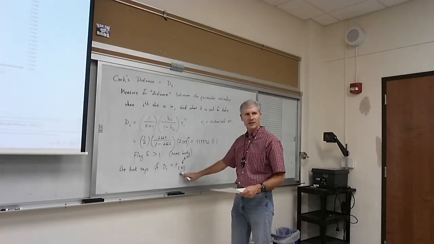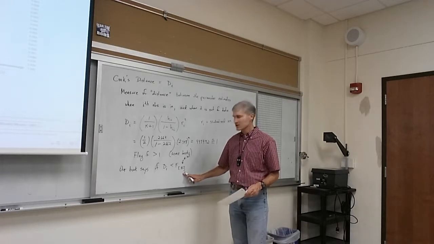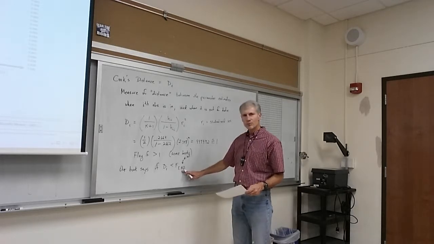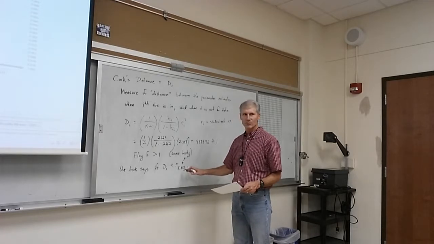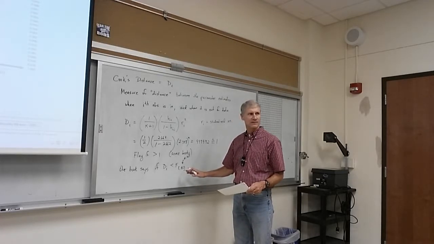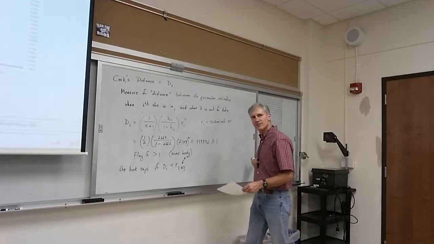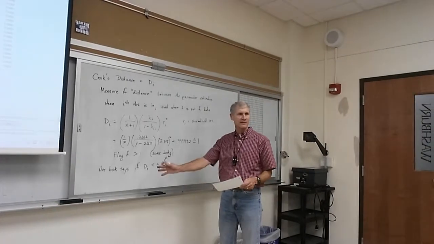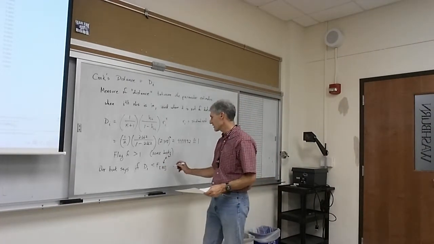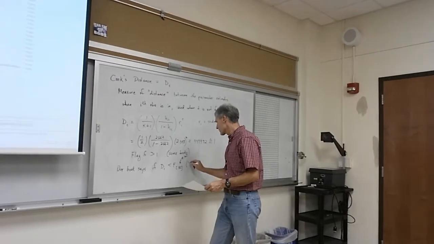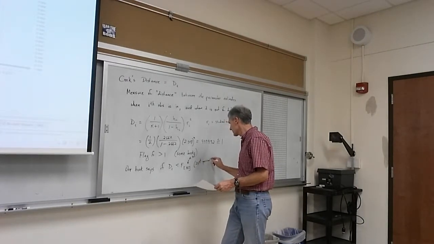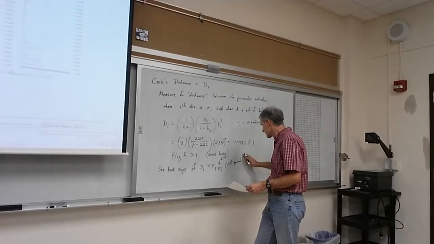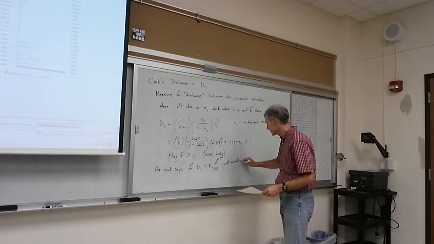So it's an F critical value from an F distribution with 80% in the right tail. So what percentile would that be? If 80 is in the right tail, it would be 20 in the left tail, so it's the 20th percentile of the F distribution.